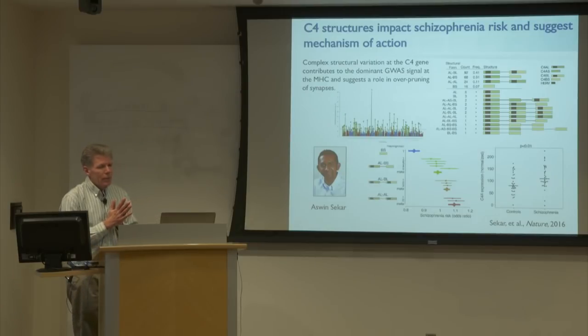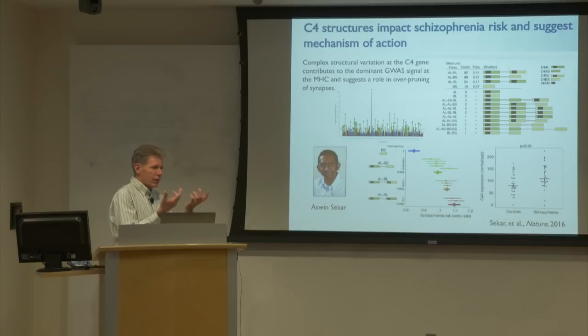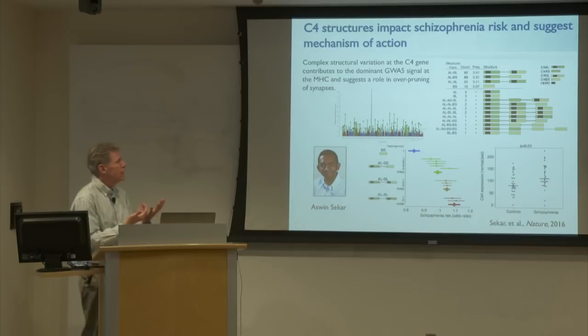C4 is also one of these complicated multi-allelic loci. To understand C4, you have to understand that there's actually two forms of the C4 gene. They're called C4A and C4B. They differ at 4 amino acids at a specific binding site in C4, so they have different biological activity.